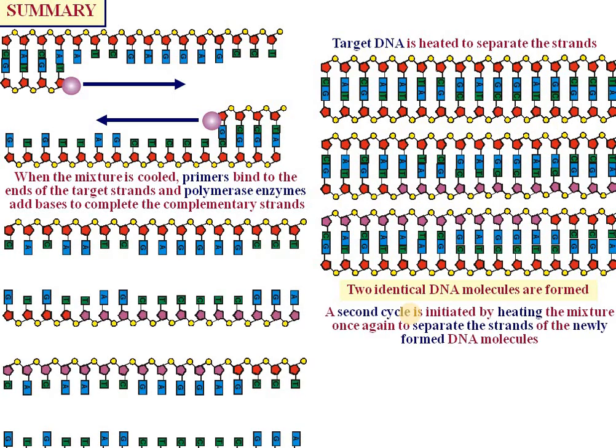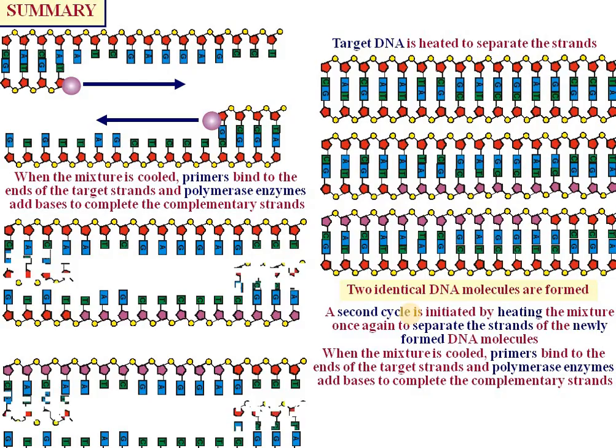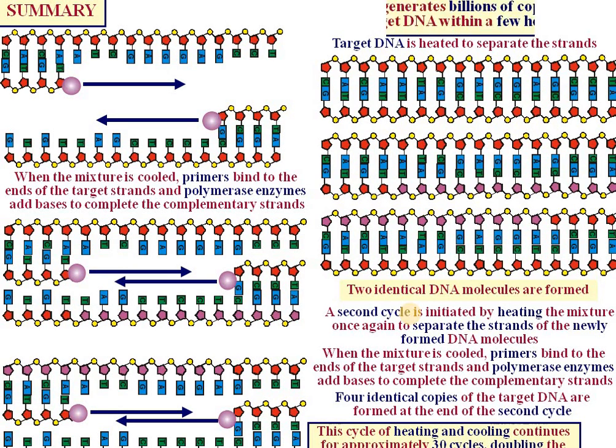Then the second cycle, the third cycle, the fourth cycle, so that you will get billions of DNA after 35. Normally 35-37 cycles are done for the polymerase chain reaction, and up to the end of 35 cycles you will get around billions of DNA. So this was the polymerase chain reaction.